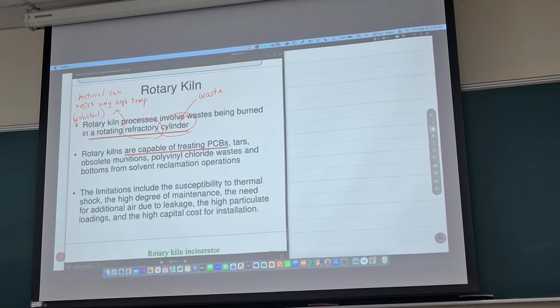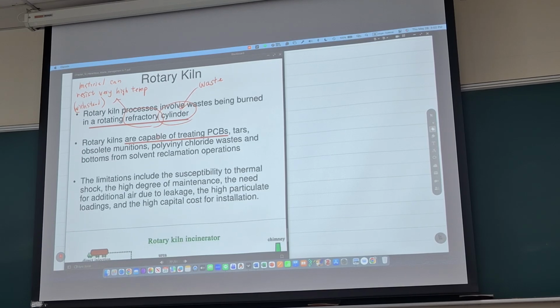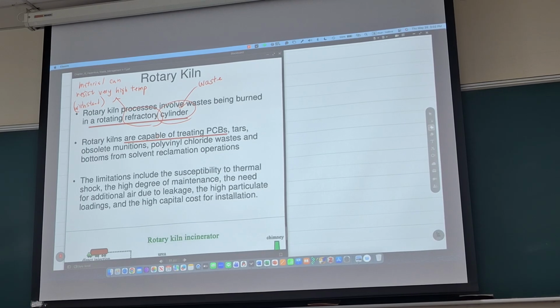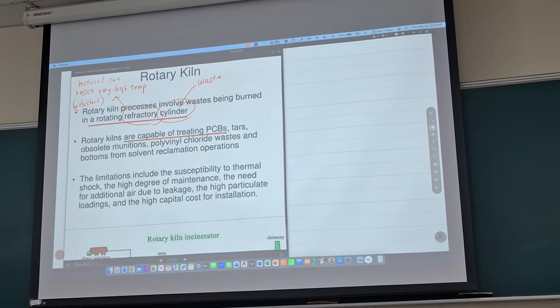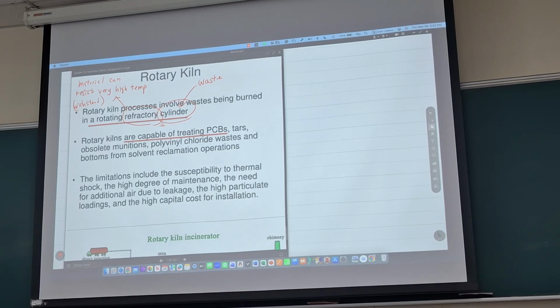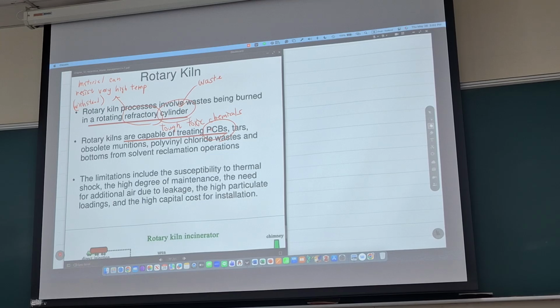Although this kind of incinerator is less than 10%, normally we use it to treat very tough, toxic chemicals, for example, like PCBs and PVC.